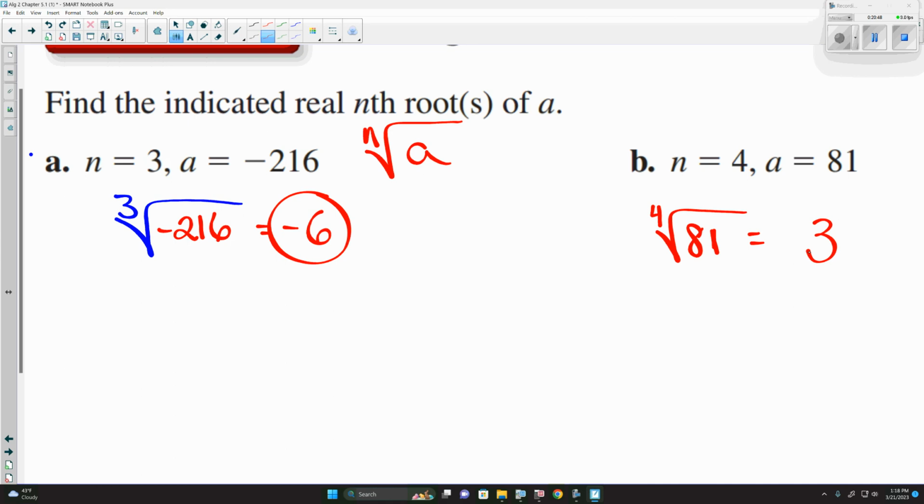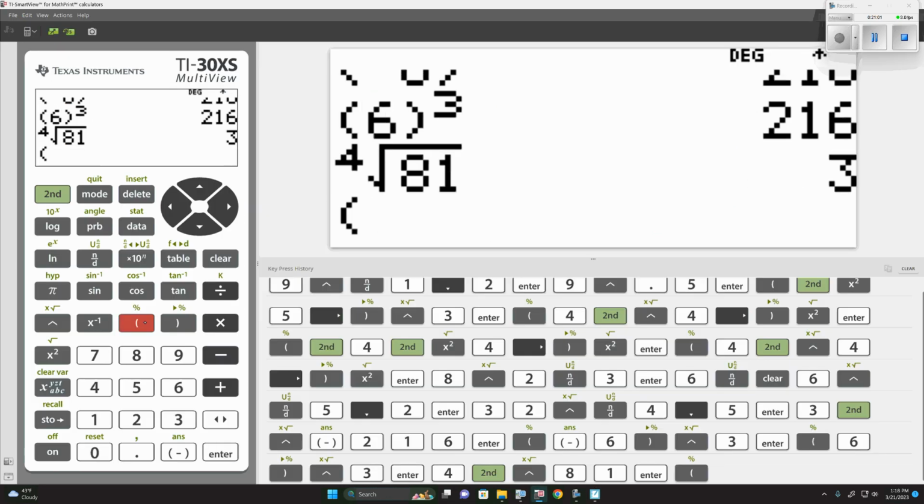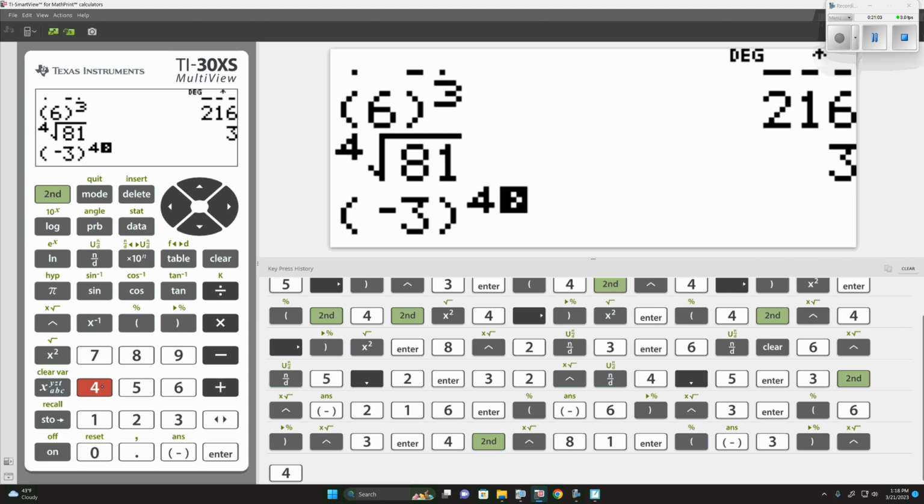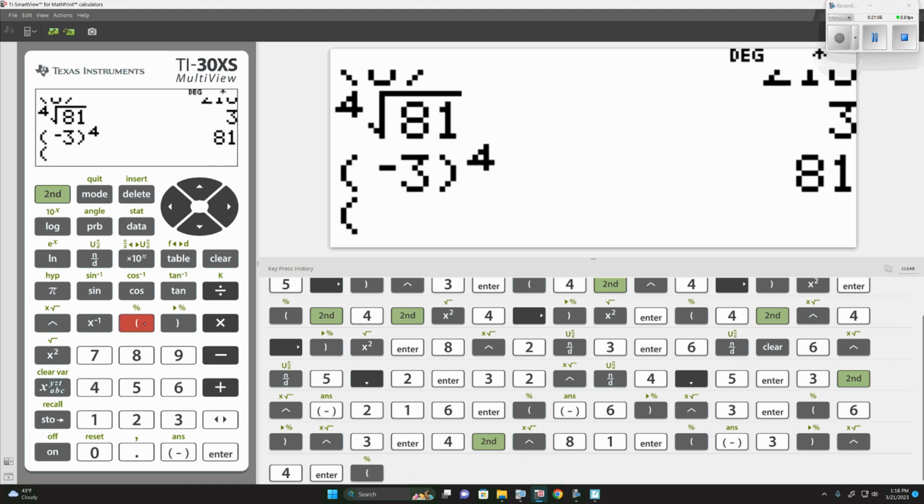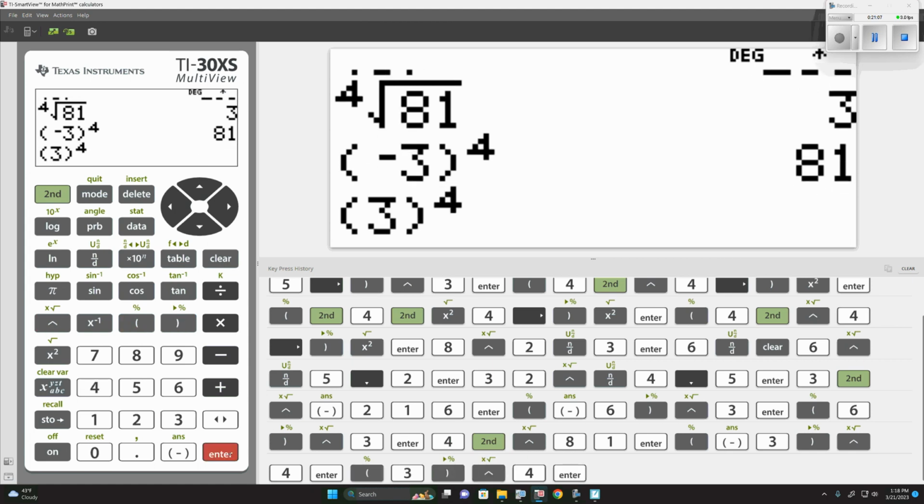But what else do we need? We need the negative, because positive 3 and negative 3 would work for this here. So if we said negative 3 to the fourth, we get positive 81. And 3 to the fourth is 81.